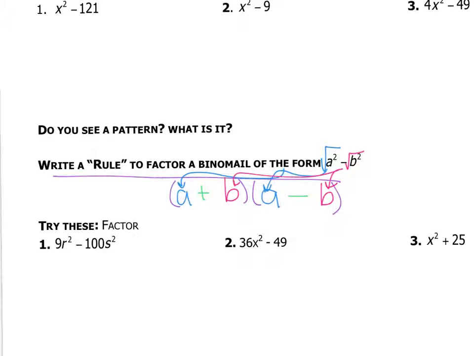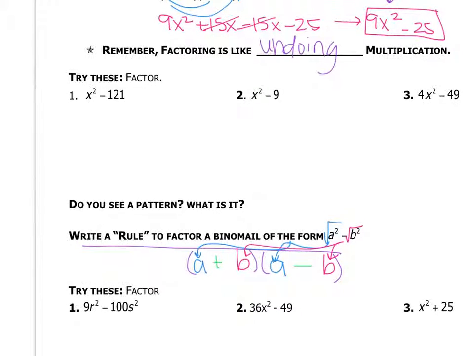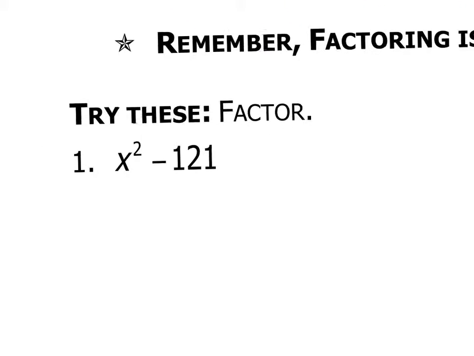Okay? So let's go back to the examples. x squared minus 121. So pay attention, make sure that you have a difference of squares here. So do I have a subtraction? Yes. Do I have two perfect squares? Yes. Okay, so that means I'm going to be having two factors. I take the square root of the first term.